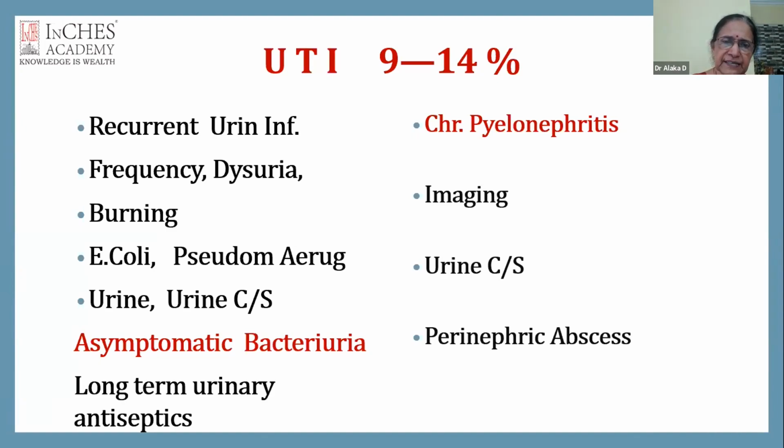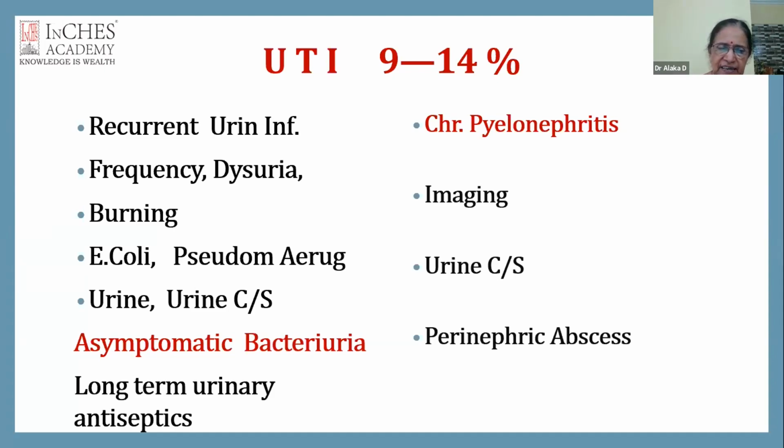Then there is a subset of diabetic patients who get asymptomatic bacteriuria. There are no pus cells in the urine, but whenever you do the culture, the bacteriuria is present. These are the cases which will require long-term urinary antiseptics.